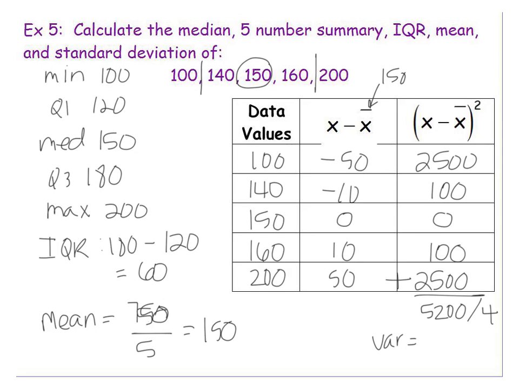If we divide that by 4, I end up with 1,300. And then to find the standard deviation, we square root 1,300 and round to 2 decimals, and I get 36.06.